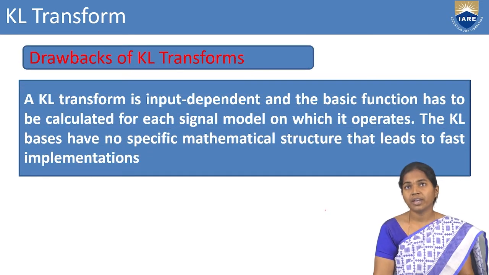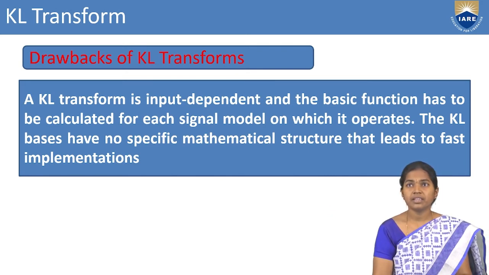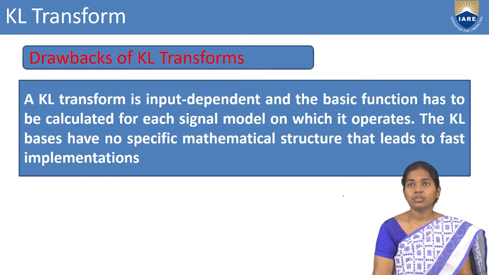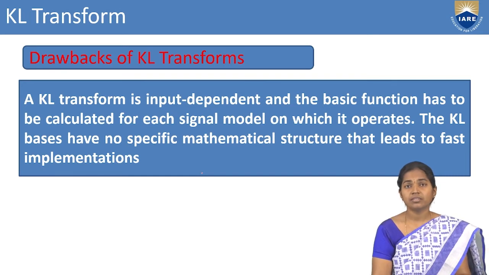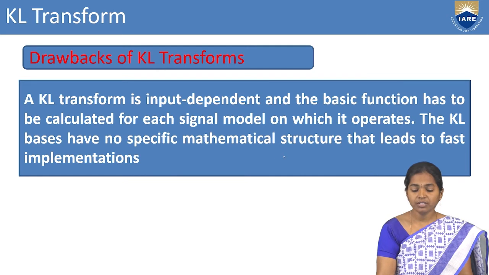So what are the drawbacks of KL transforms? Here the KL transform is input dependent and the basis function has to be calculated for each signal on which it operates. So the KL bases have no specific mathematical structure for fast implementations. In that we need to consider eigenvectors and values.